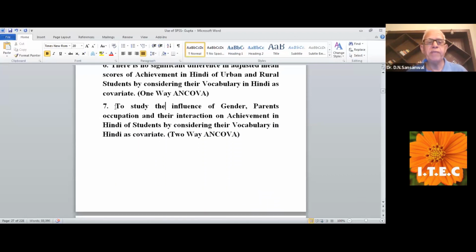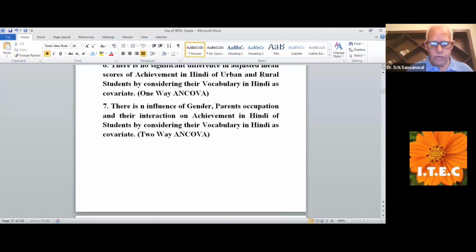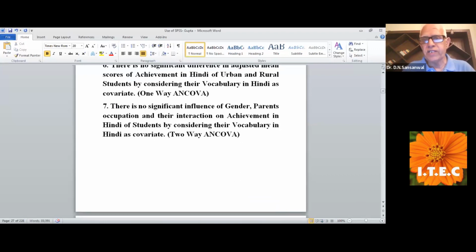And then this will be, there is no significant influence of gender, parents' occupation, and their interaction on achievement in Hindi by considering their vocabulary in Hindi as a covariate.